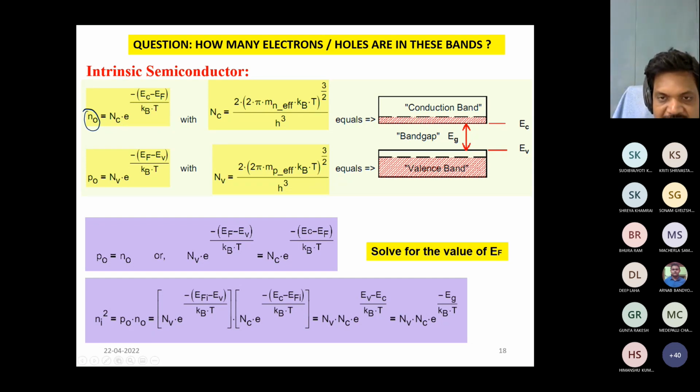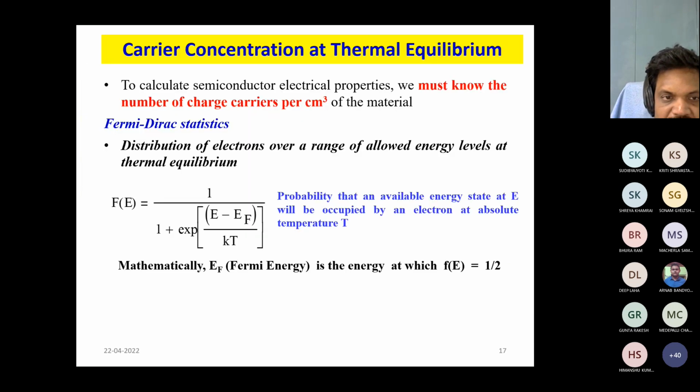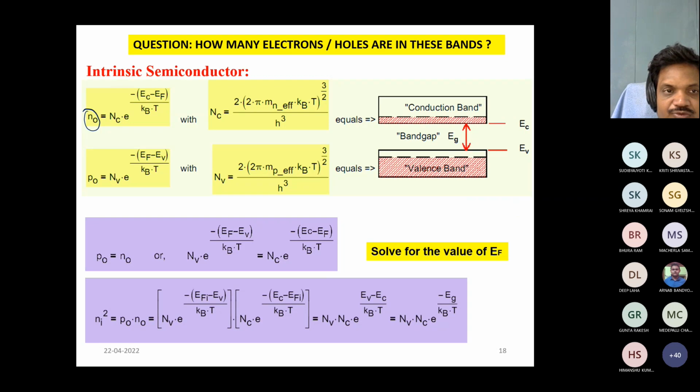As we have already seen, the Fermi-Dirac probability distribution function defines the probability of occupancy of an electron as per the Fermi-Dirac statistics, given by the formula we have already seen. From that point of view, this is what is known as the energy state density.